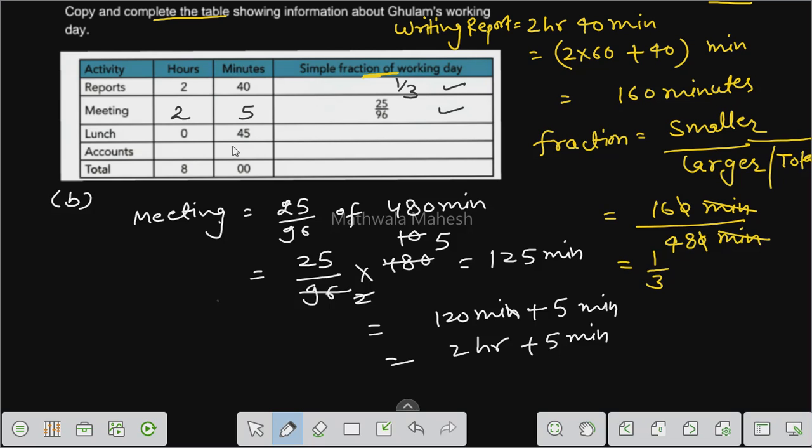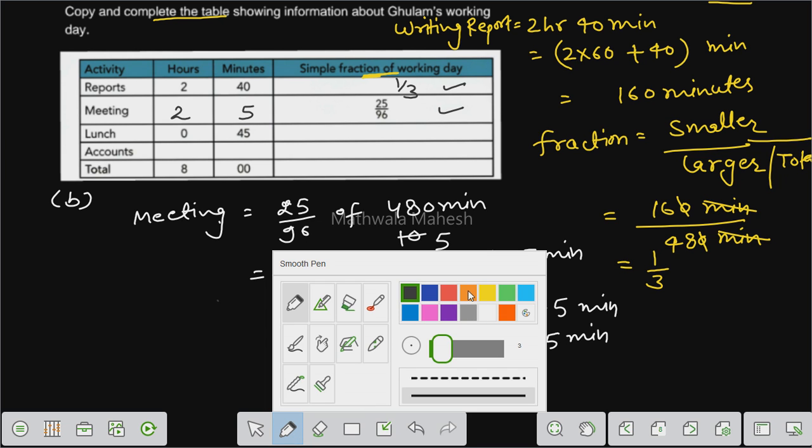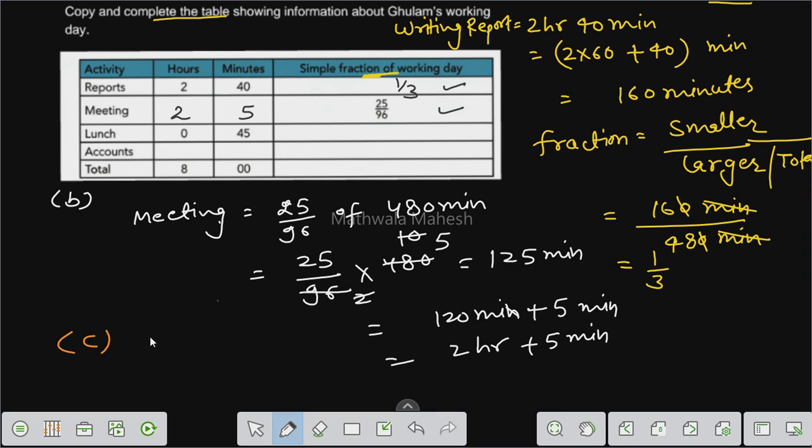Now the third one is lunch time is 0 hour and 45 minutes. It means 45 minutes in lunch, and we have to change this one into a fraction. So what is the fraction? 45 minutes of lunch upon total time. Total time is 480 minutes.